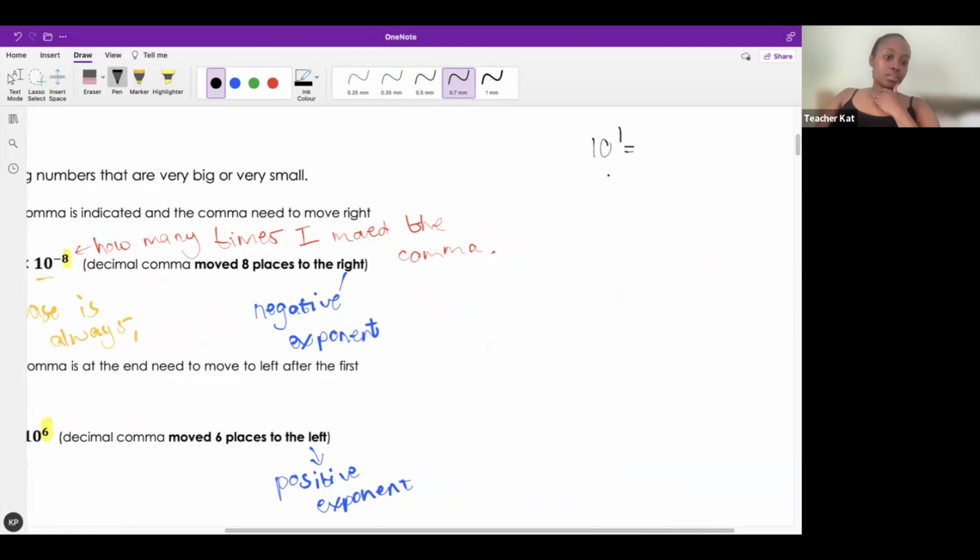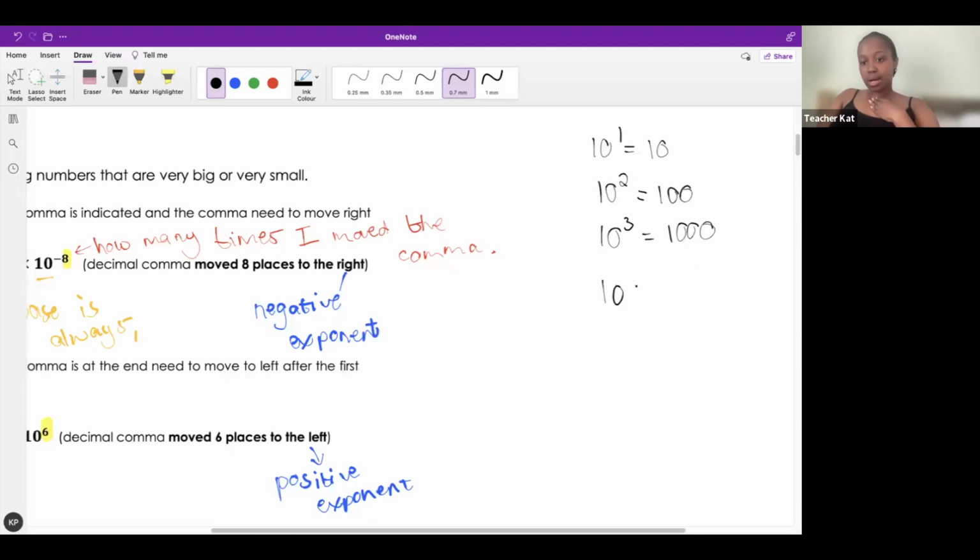It's just 10, right? 10 to the power of 2, which is 10 times 10. How much is that going to give me? 100. And 10 to the power of 3, 1,000. Does anyone see where I'm going with this?